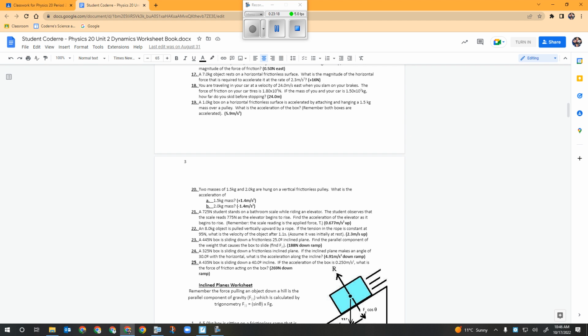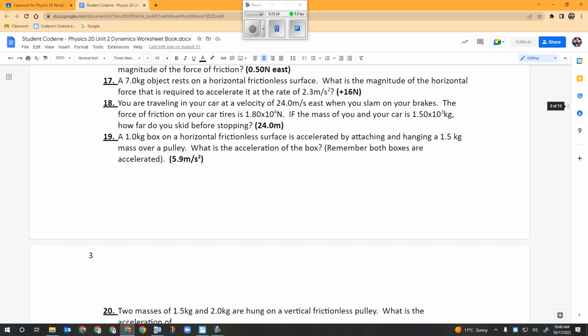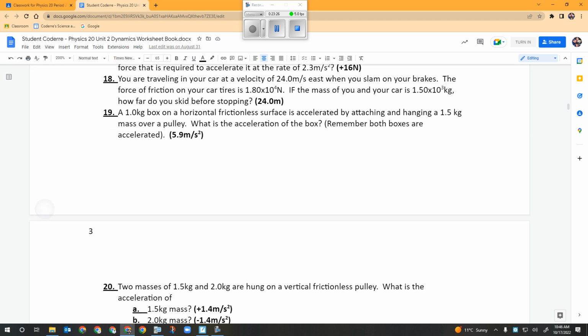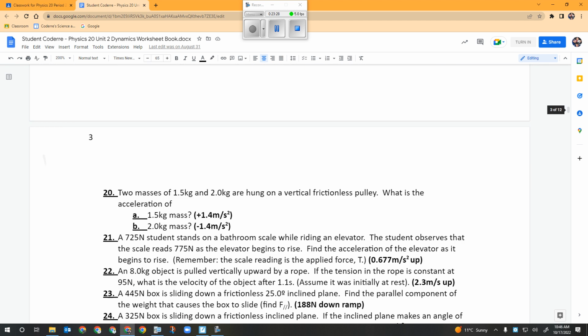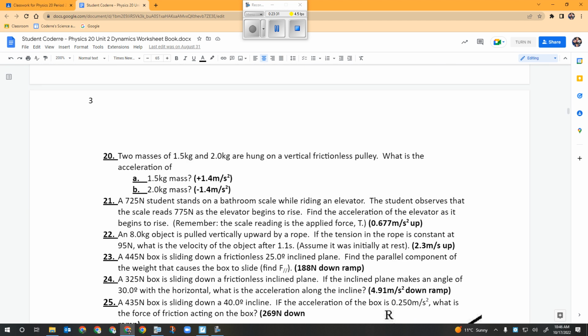Okay, now, a little word of warning for these. I'll make it a little bit bigger here. If it gives you, like in question number 21 here, it says a 725 Newton student.